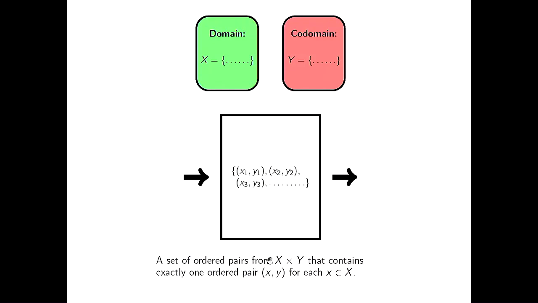Because if I had, like, (1, 6) and also (1, 7), I wouldn't know what the function outputs. So it needs to be exactly one. That is the crucial property of a function: for every input, there is exactly one predetermined output.